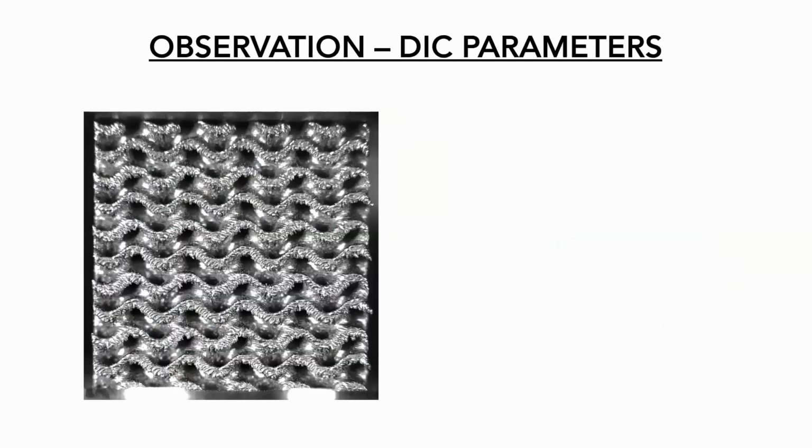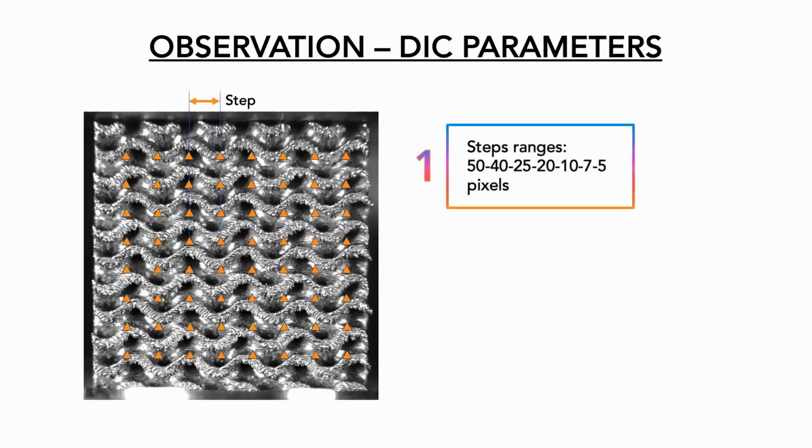This is what the camera sees in our test. In the DIC, we need to set a sort of step in terms of pixels for understanding how the algorithm is trying to understand what is seen, basically. We used a lot of steps for understanding which step is the most accurate one for our purpose.